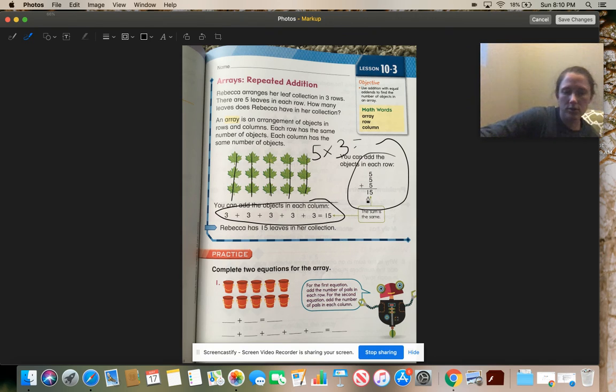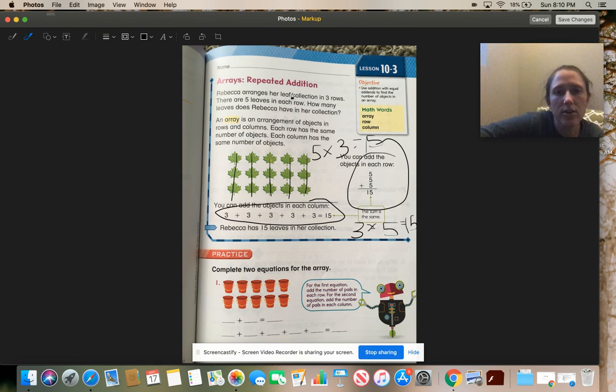I could also say I have 3 times, and how many 3s did I add together? 3 plus 3 plus 3 plus 3 plus 3. 3 times 5, which equals the same thing, 15. So multiplication is like addition, and the order doesn't matter.